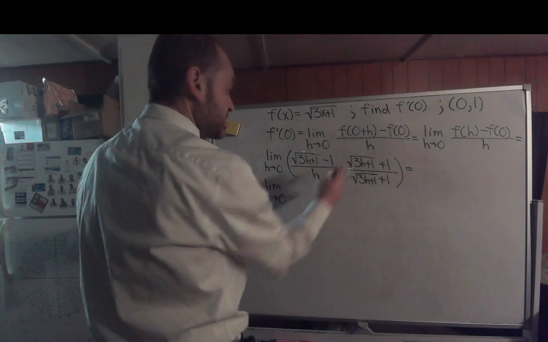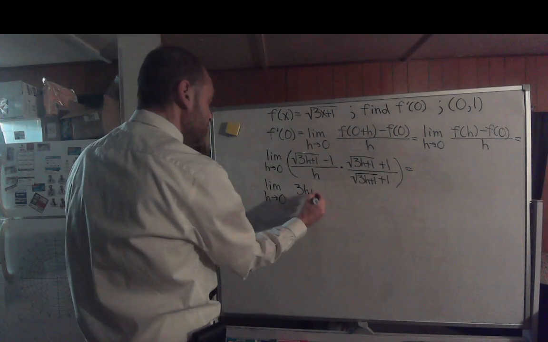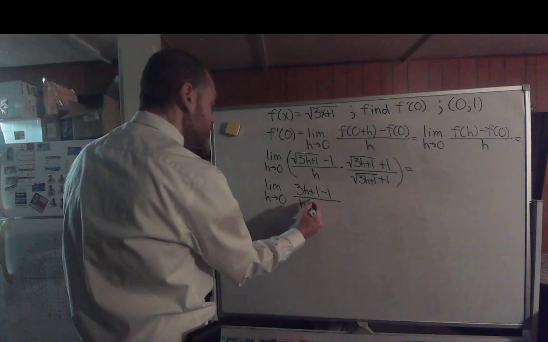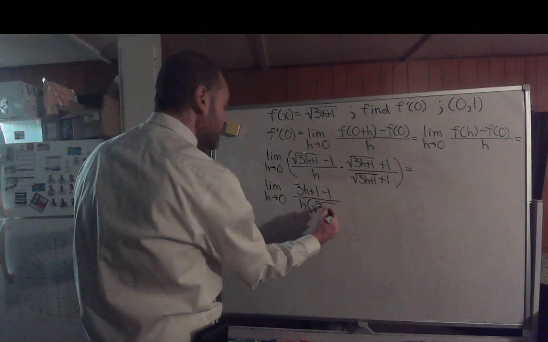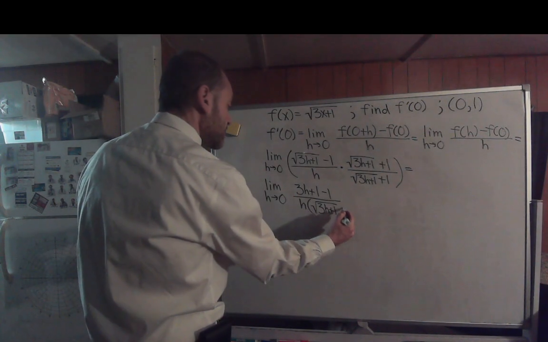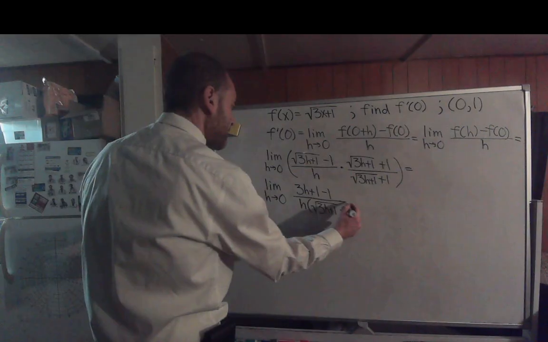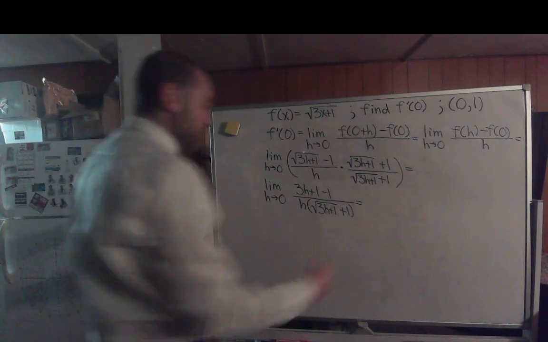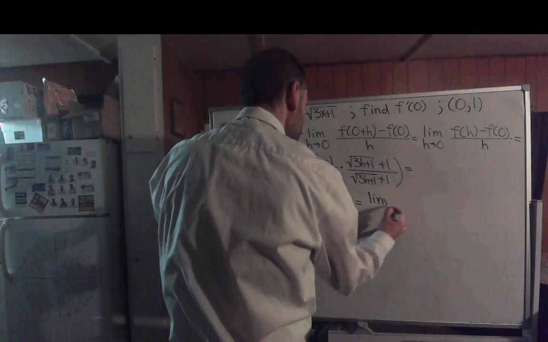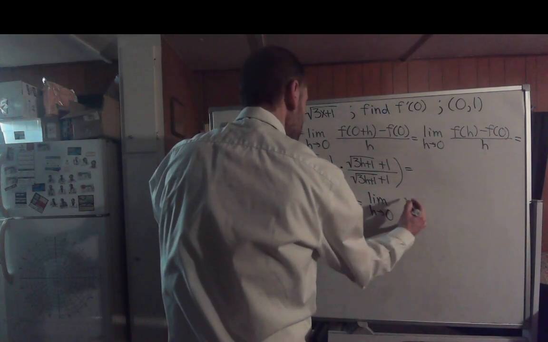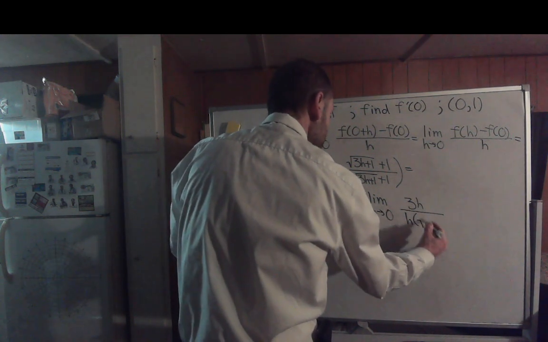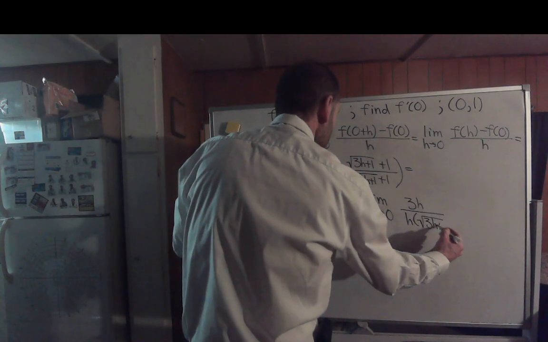If you FOIL the top, you should end up getting 3h plus 1 minus 1 all over h times the square root of 3h plus 1 plus 1. The numerator simplifies: 1 minus 1 is 0. You end up getting the limit as h approaches 0 of 3h all over h times the square root of 3h plus 1 plus 1.